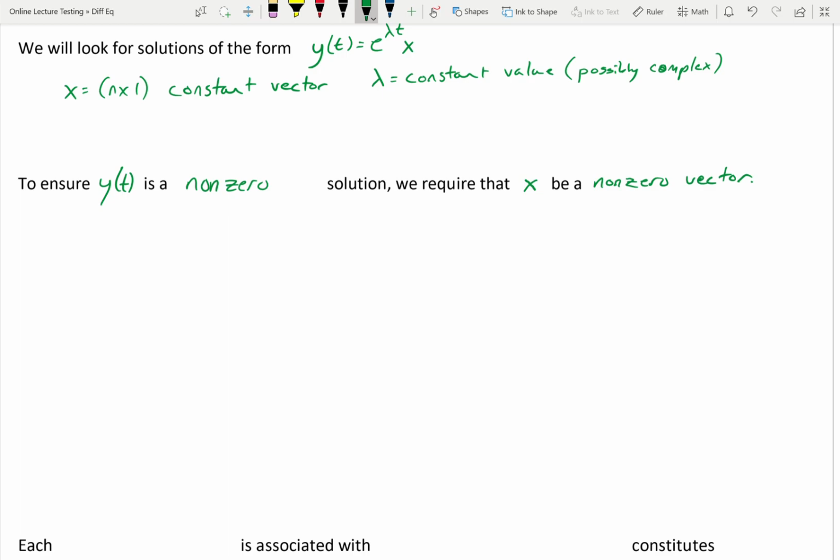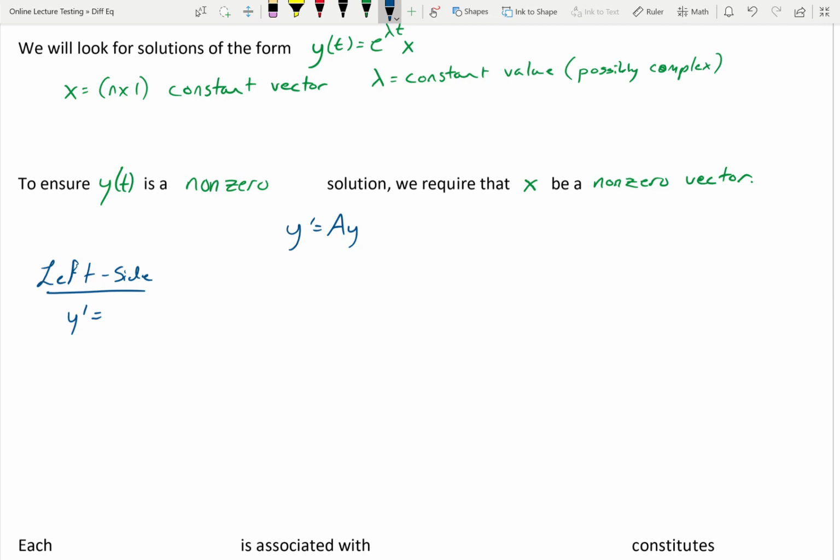Okay, so let's look at the algebra through this. So we have y prime is equal to A y. So on the left-hand side, let's focus just on the left-hand side, we would have y prime.